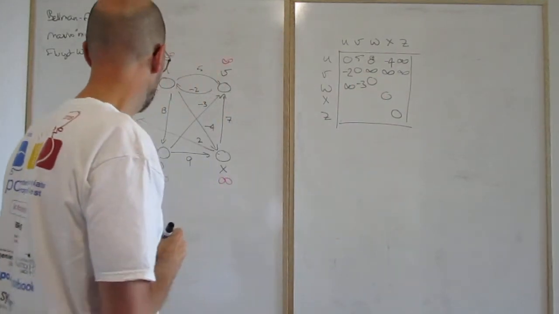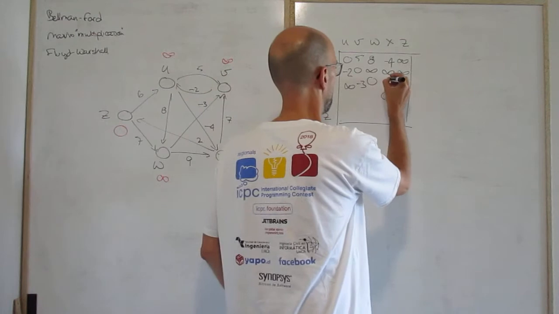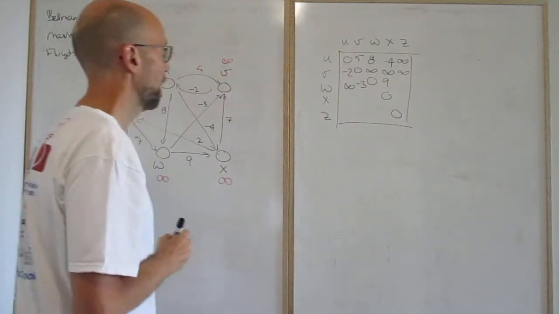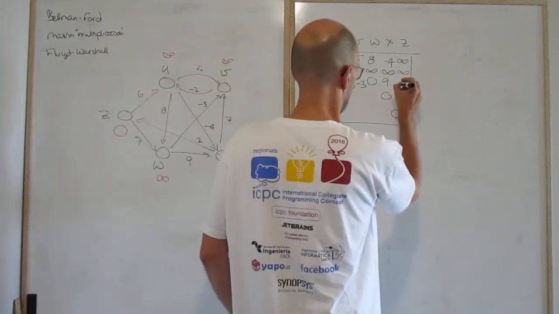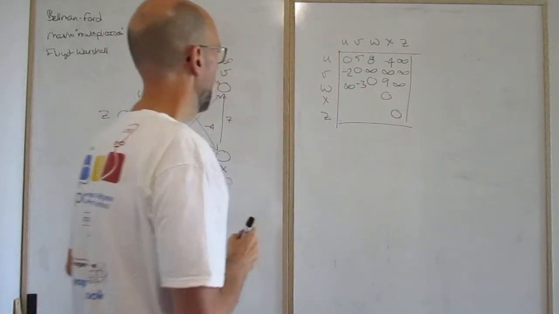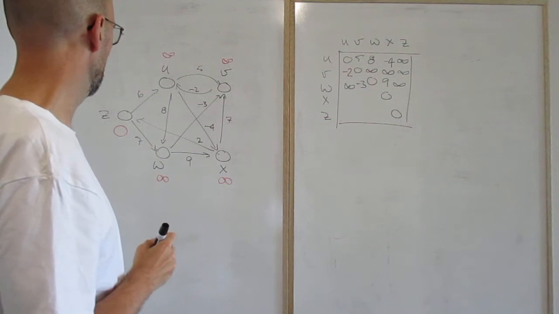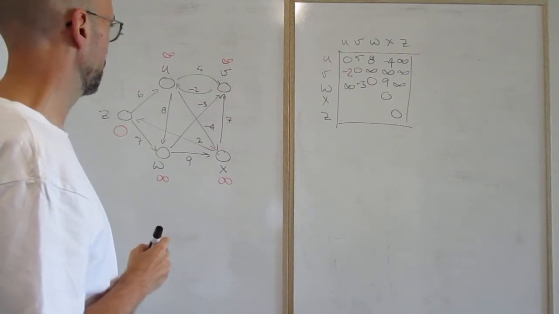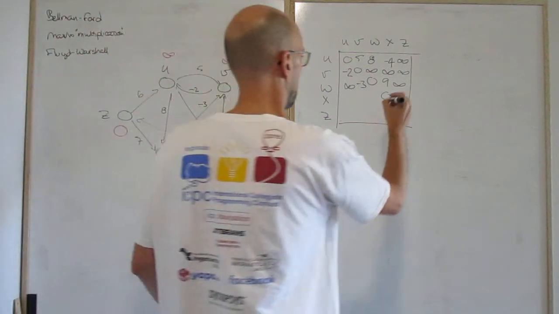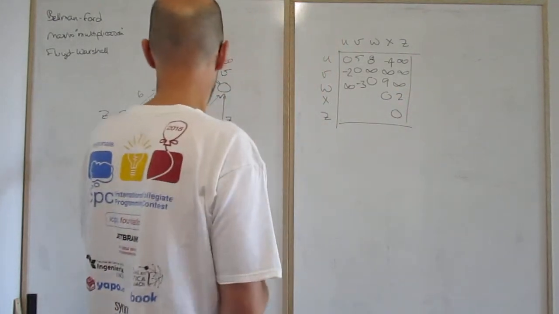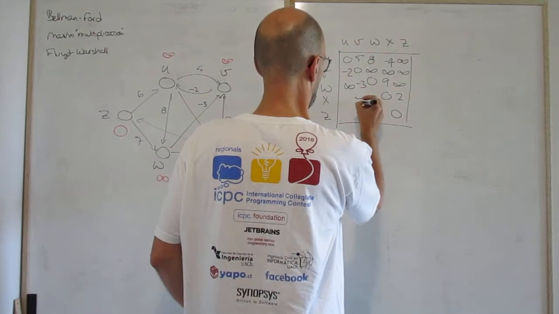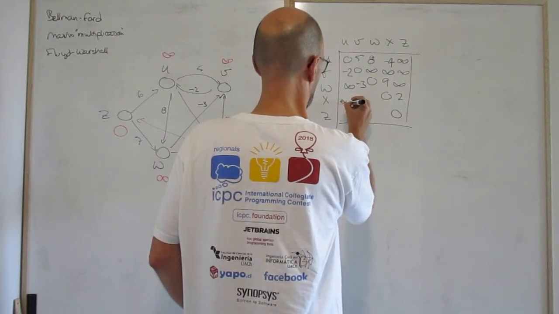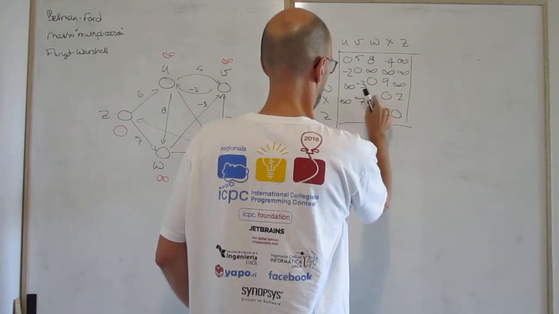From W to X, we can go with 9. And from W to Z, we cannot go in one step. For X, we can go to Z with 2. X, we can go to V with 7. And this is infinite for the rest of them.